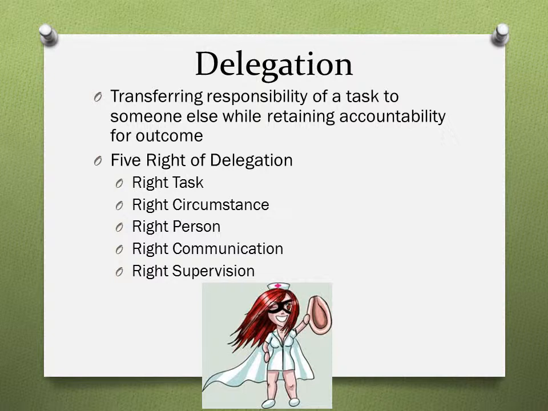The right circumstances: make sure that you use good clinical decision-making to determine the tasks to be delegated. The right person should be assigned the appropriate task on the right client. Communication must be clear and concise, and supervision has to be provided for appropriate monitoring and feedback.